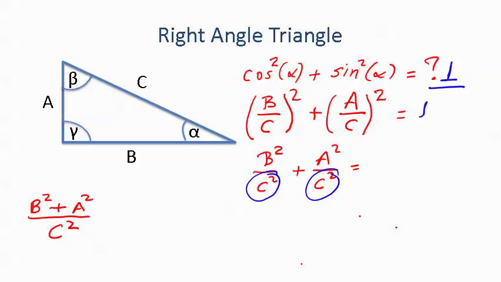So if we take this and apply it to this analysis, we end up with b squared plus a squared equals c squared. So what are we finding out? We're finding out that the sum of the squares of the perpendicular sides is equal to the square of the hypotenuse.